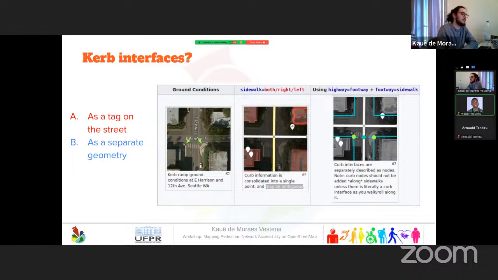It's the same if you have the tagging schema, you may have ambiguity. You don't know for sure if both sides have it, though you can put left or right on a node. Then you have the other schema where you put the curb interfaces or access points or curb cuts, where you may or may not have a ramp.